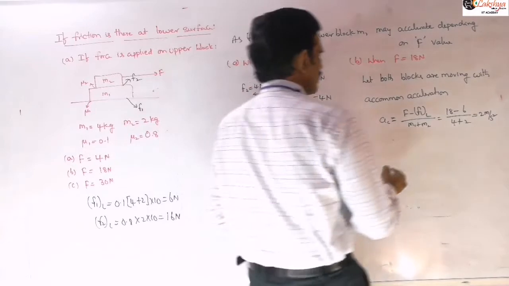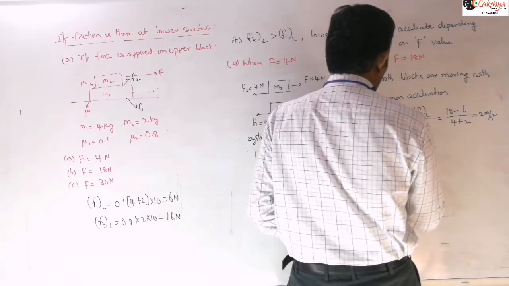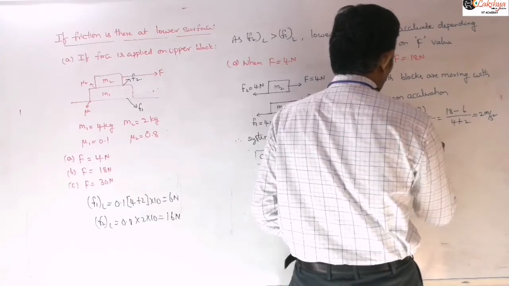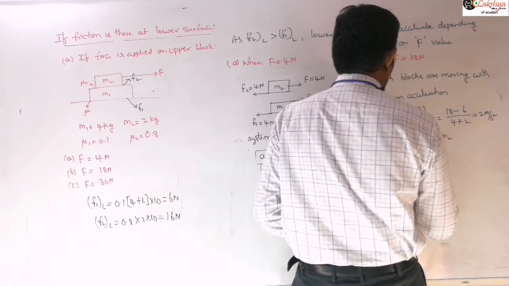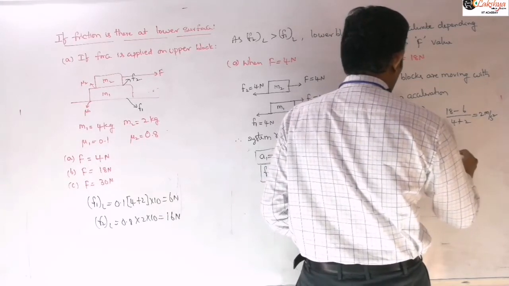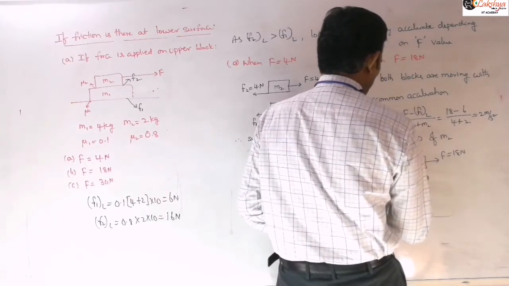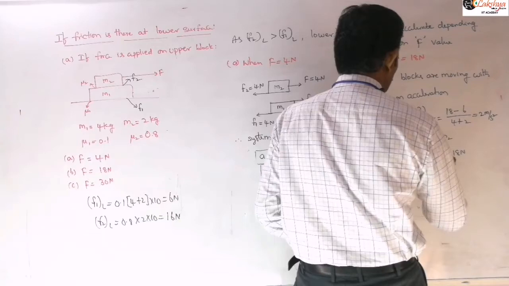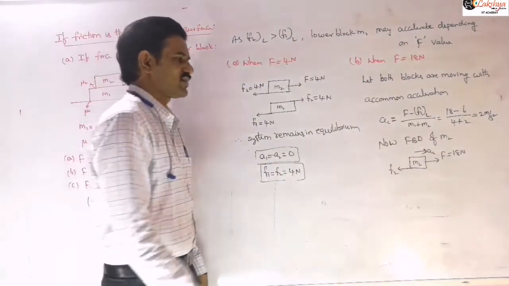And so now I am taking this FBD of M2. So this applied force 18 newtons is acting along this direction. Now F2 is acting along this direction. Now it is moving with some common acceleration AC. Now let us write the force equation for this.